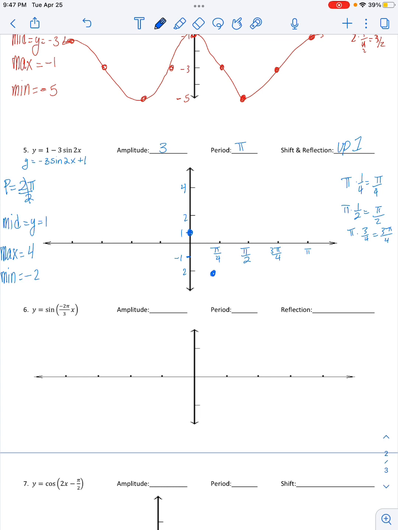Then we're going to go back up to our midline. And then we're going to go up to our maximum, back to our midline. If we're going the other way, we're going to go up to the maximum, back to the midline, to the minimum, back to the midline. Looks something like that.